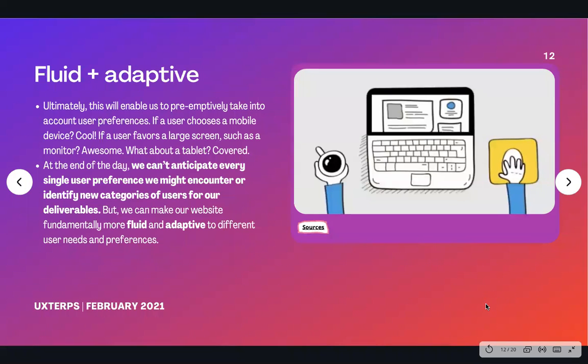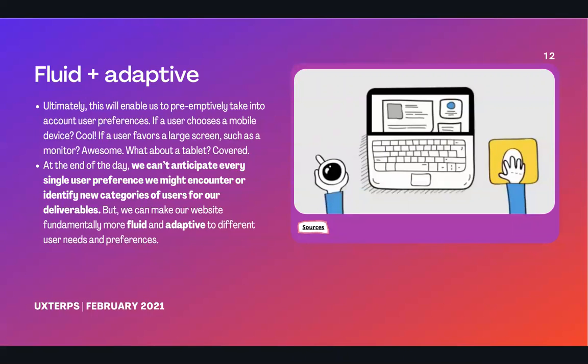But what all of this relates back to is that all of these different components and different strategies make a platform or make a system more fluid and adaptive. This actually enables us to preemptively take into account user preferences because we can't predict everything, but at least we can account for some things, right?